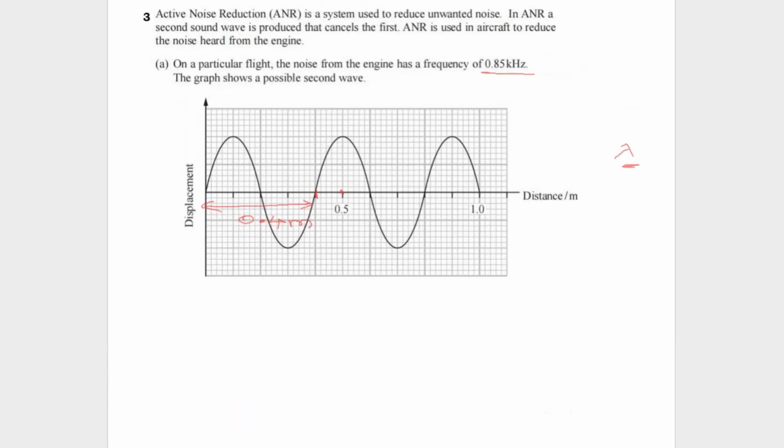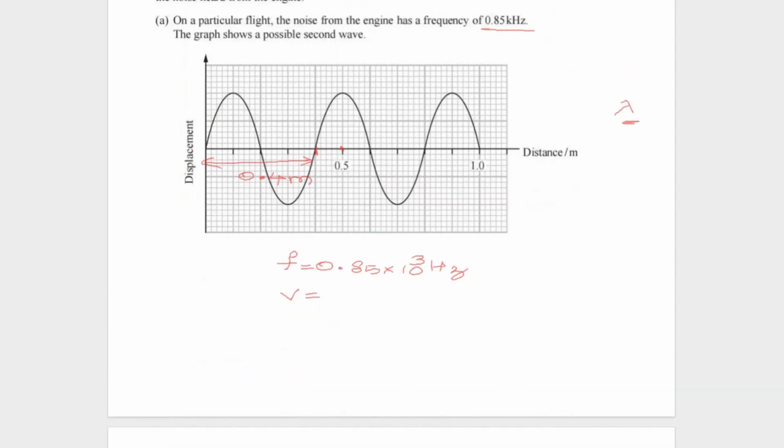So the frequency is 0.85 kilohertz, which means 0.85 multiplied by 10 to the power 3 hertz, and the wave speed is 340 meter per second.